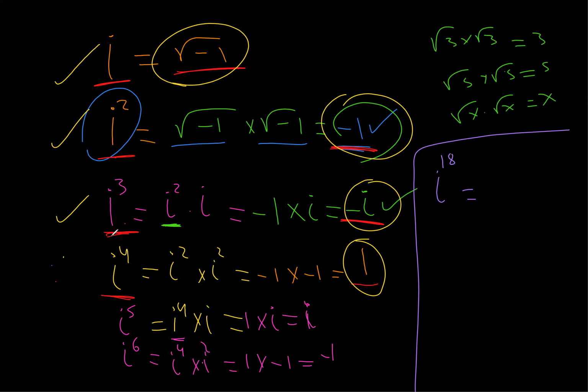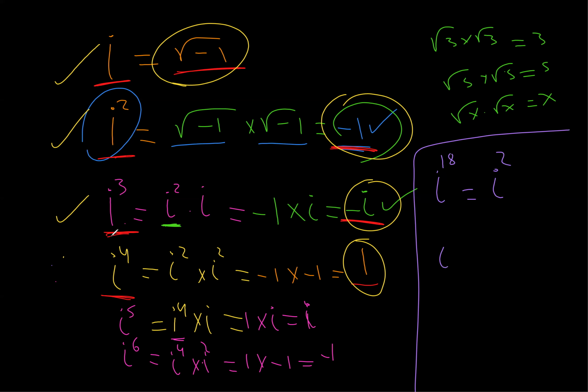So now this is 18. Subtract from 18 the number that is divisible by 4. What is it? 16. So subtract 16 out of 18, because i to the power 16 will give you 1. And 1 times any number will not change anything. So I write the result as i to the power 2.